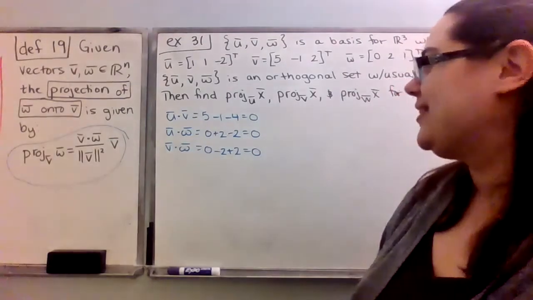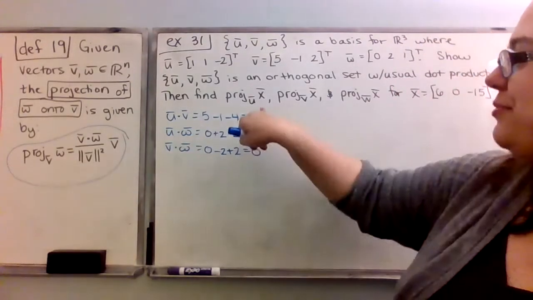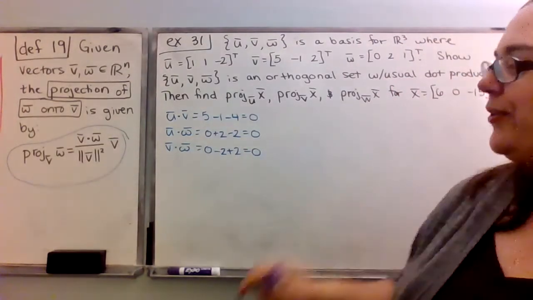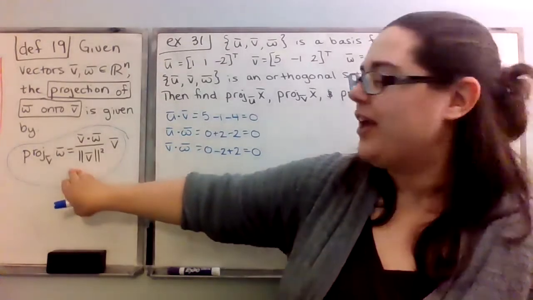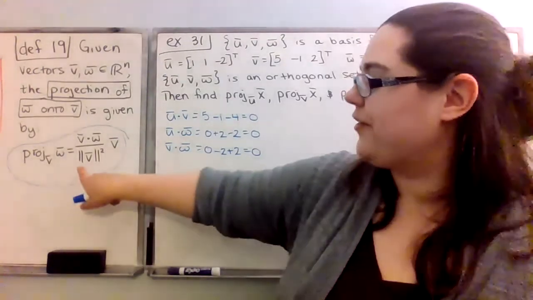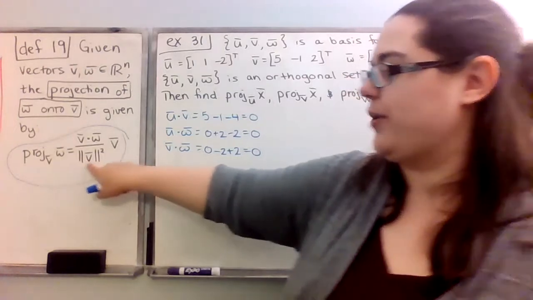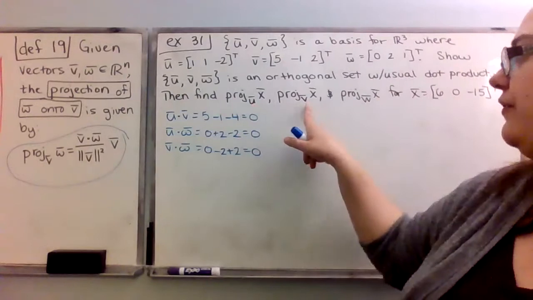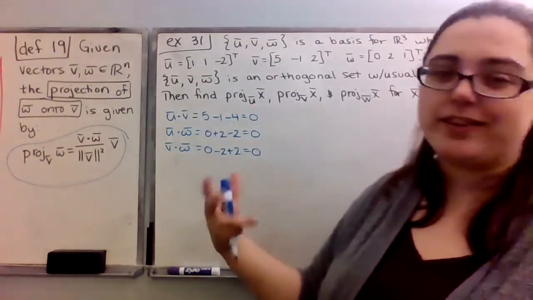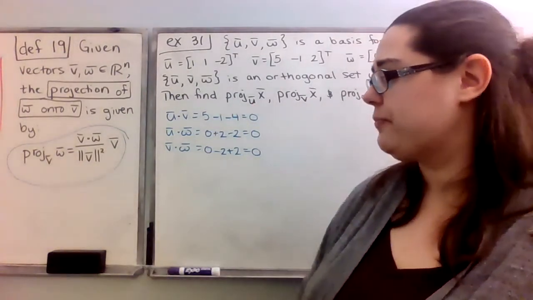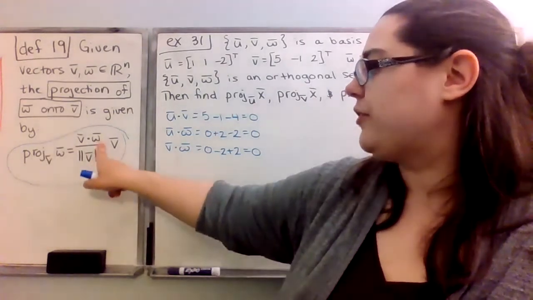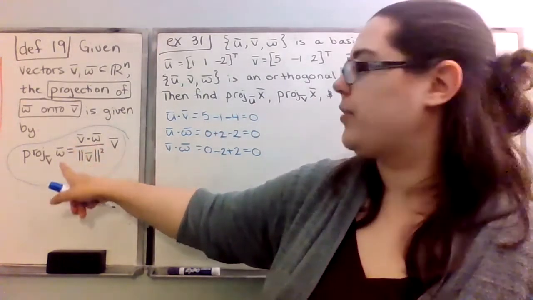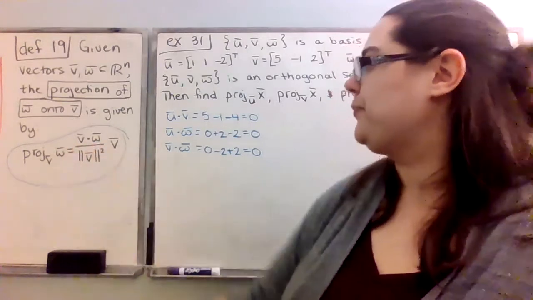So to find each of these projections, we're going to be using this formula. Notice that this formula involves the norm of the vectors that we are projecting onto. Since we're projecting onto u, v, and w, I'm going to need to find the norm of each of those vectors. This formula also involves the inner product, or in this case the dot product, between v and w.